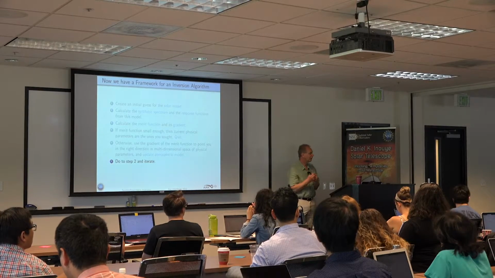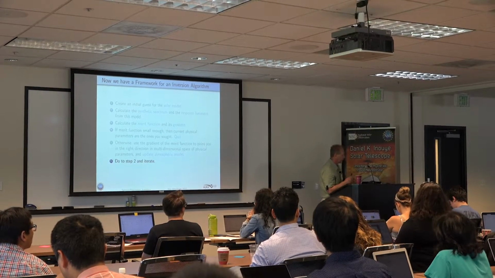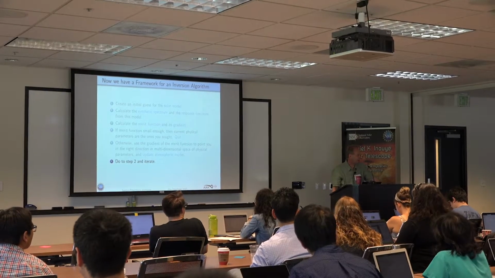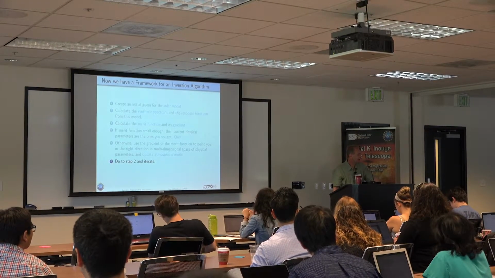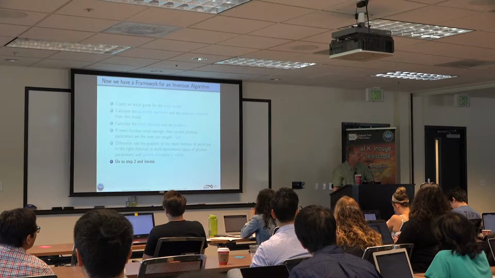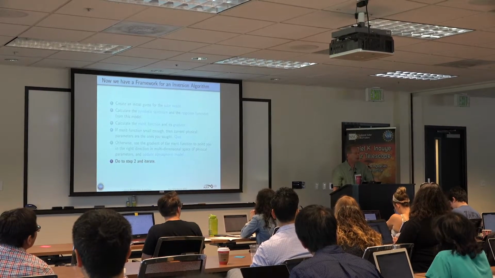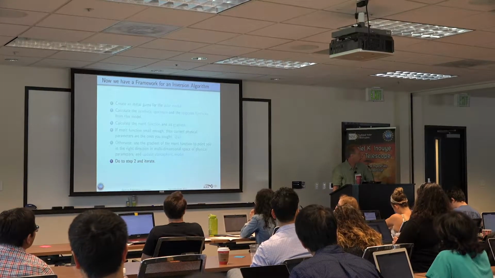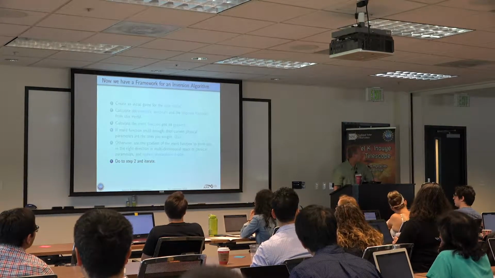Actually, this is one way to estimate an error bar. You do many versions for the same profile with different initializations, and depending on where you end up, you look at the RMS of the different final solutions, and you put an error bar in your inverted model. That's one way of doing it.